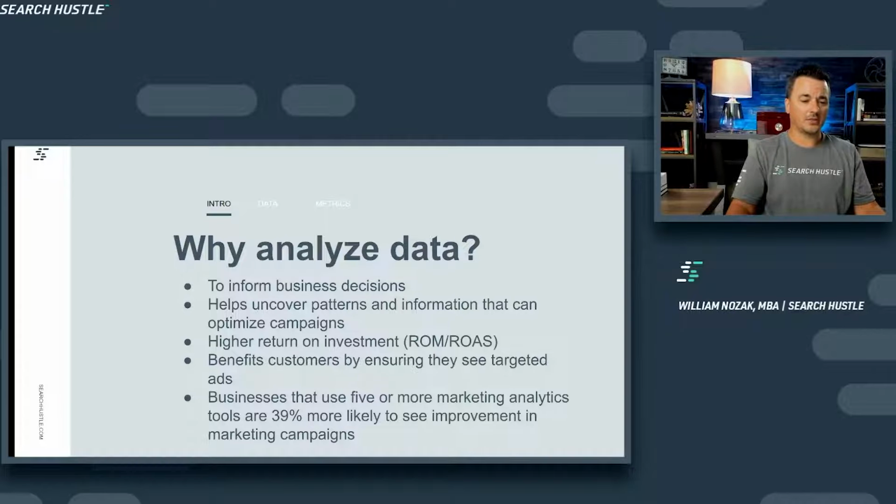So benefiting customers, businesses that use 5 or more analytics tools are way more likely to see improvements in their marketing campaigns. We're talking information from Search Console. What keywords are we really doing well for? We're talking information from Google Analytics, Google Keyword Planner, Google Trends, search engine optimization tools such as Ahrefs, SEMrush, and things like that.